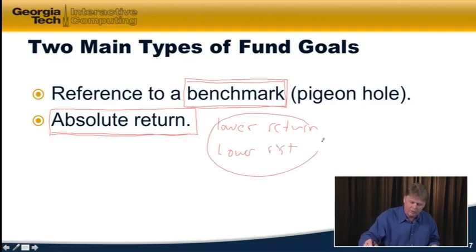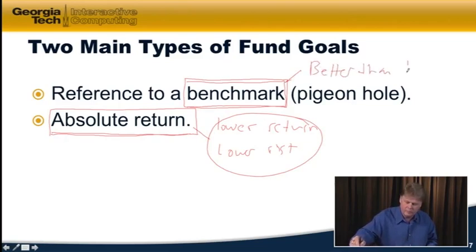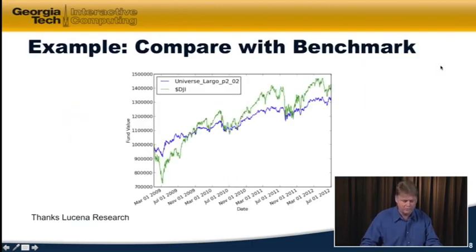So you have to have both of those, or those usually come together in an absolute return fund. In the benchmark fund, you want to do better than the benchmark. Okay, so how do we compare how you're doing versus the benchmark? That's the topic of the next lecture.